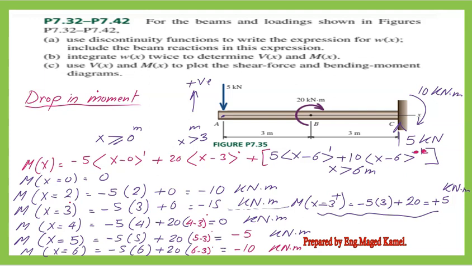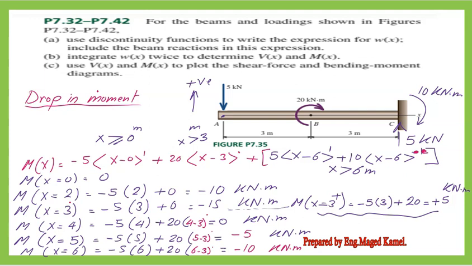It will become minus 5 by 2 plus 0 equals minus 10 kilonewton meter. At x equal to 3, M equals minus 5 multiplied by (3 minus 0), minus 15 plus 0. Here we consider the 3 exactly, so we have minus 15. This is the first drop. The first value is minus 15 kilonewton meter.